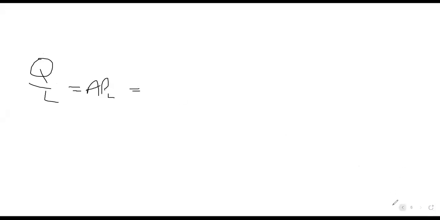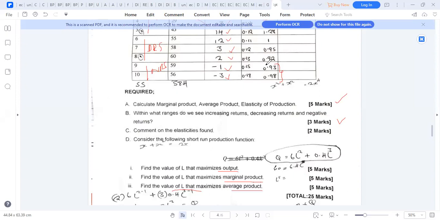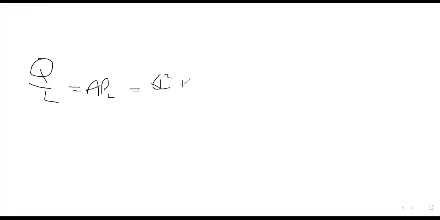Our Q was 6L squared plus 0.4 L to the power 3. We divide by L throughout first of all. So this will be 6L plus 0.4 L squared.